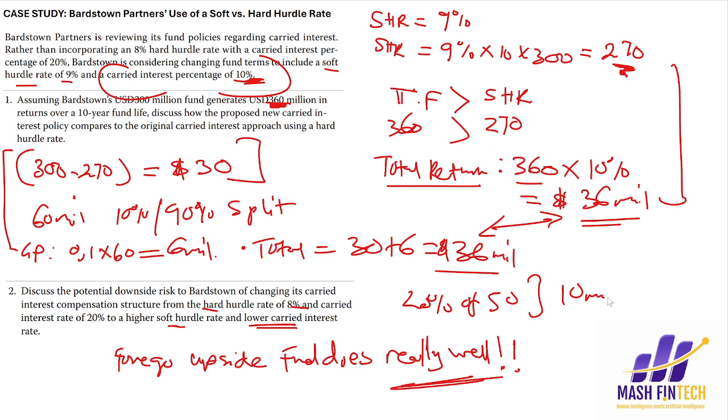So you get 10 million for every extra 50 million. But if you have a lower performance fee of 10%, this is easier, you only get 5 million, which is lower. All right, and therefore you get less. That's the risk that Bardstown is going to incur in terms of the upside potential of the fund.